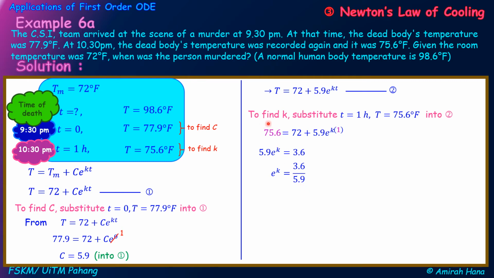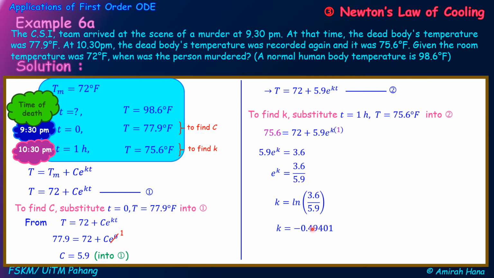Now we want to find the value of K, and we have e here, so we move e to the right-hand side. When we move e to the right-hand side, it becomes ln. So we get K = ln(3.6/5.9).